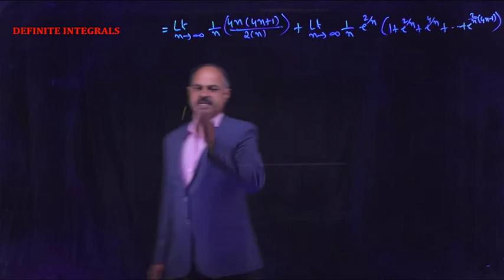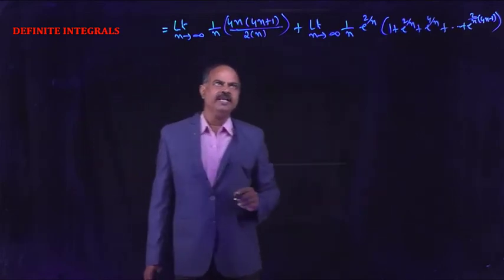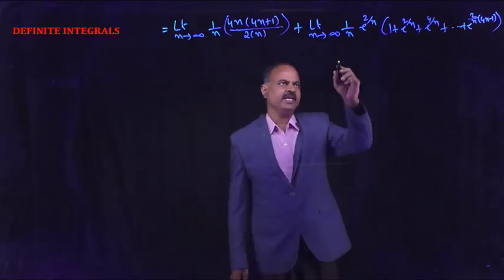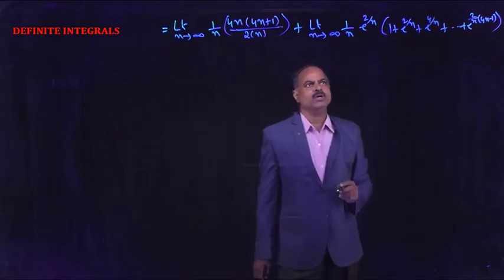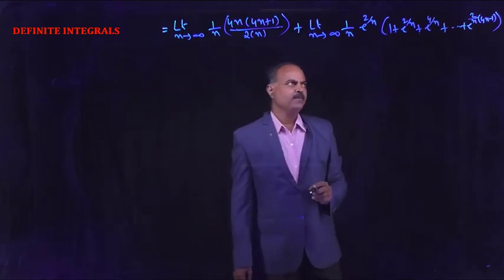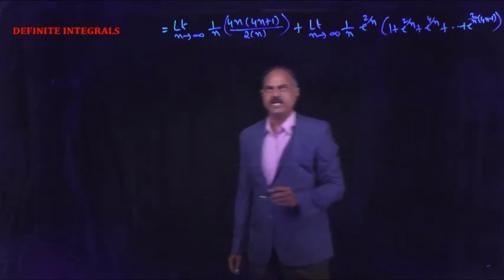Next, this is equal to the limit as n tends to infinity of 1/n times (4n(4n + 1))/(2n), plus the limit as n tends to infinity of 1/n times e^(2/n) times (1 + e^(2/n) + e^(4/n) and so on up to e^(2/n·(4n − 1))).